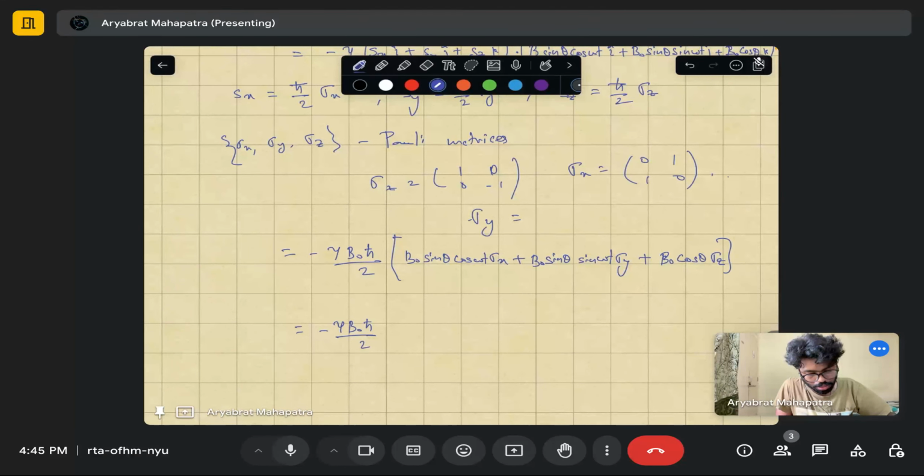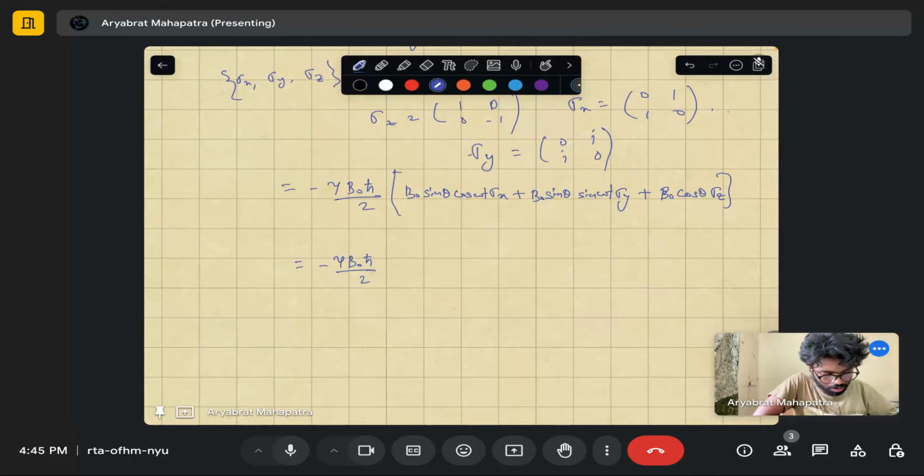So sigma y is 0, minus i, i, 0. Here B naught I have already taken common outside.